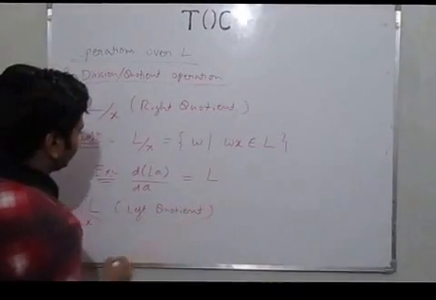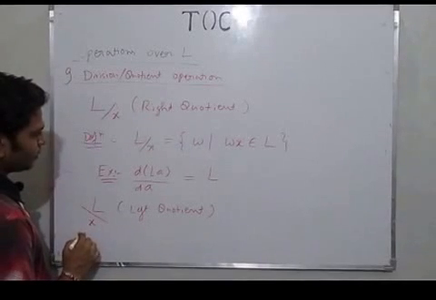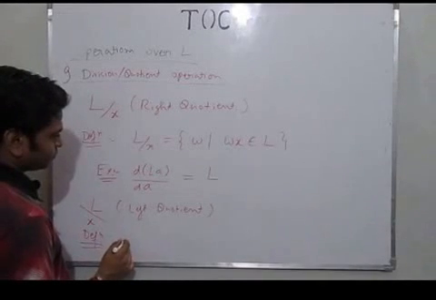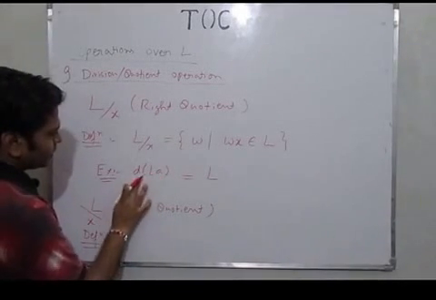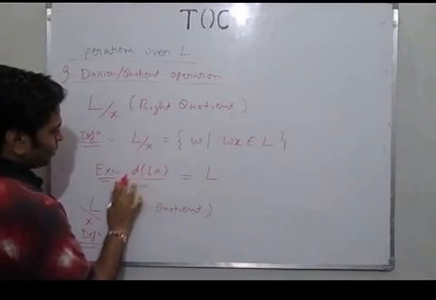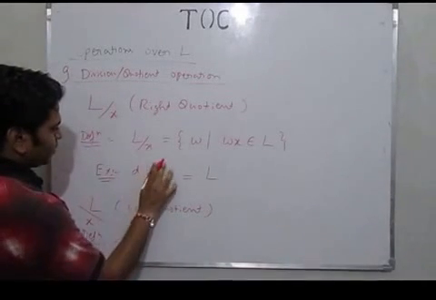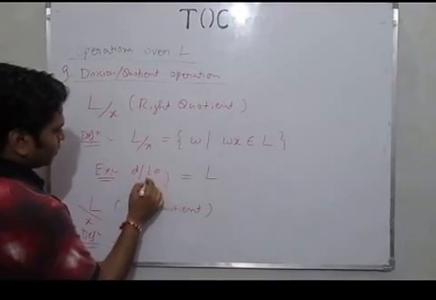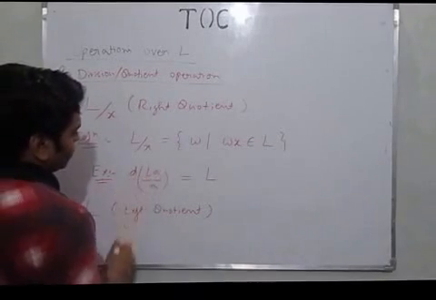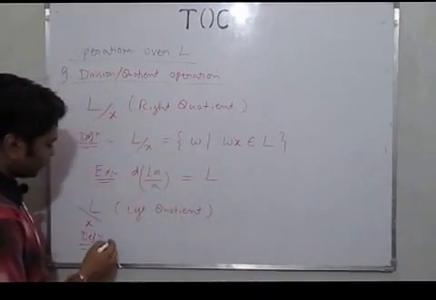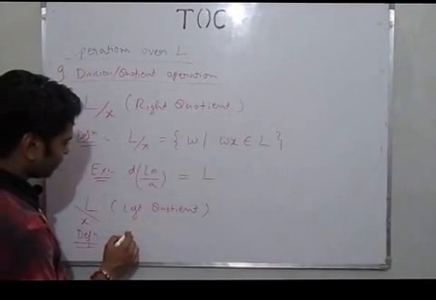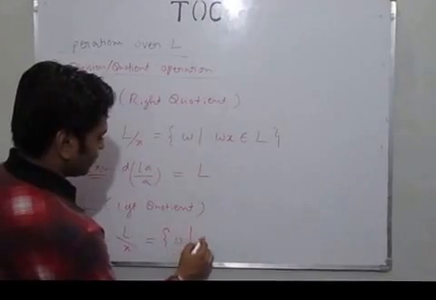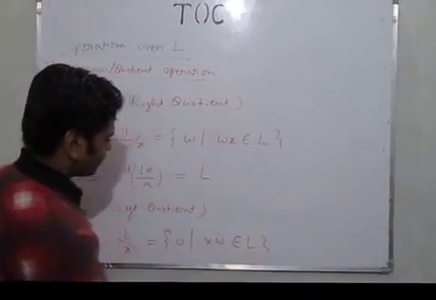This is known as the left quotient, and the definition for this would be that the left quotient of L by x is the set of w such that xw belongs to L. Right?